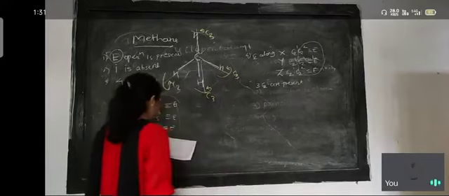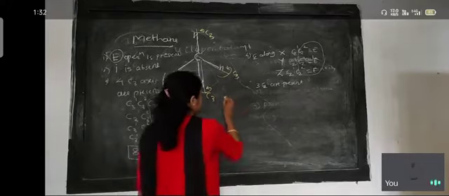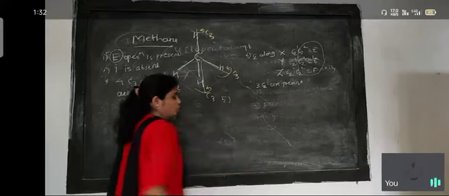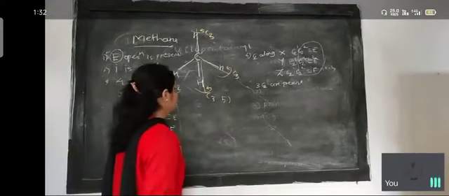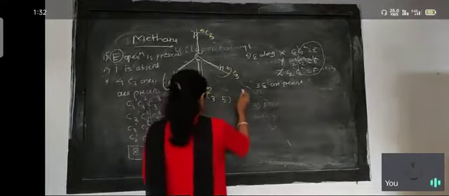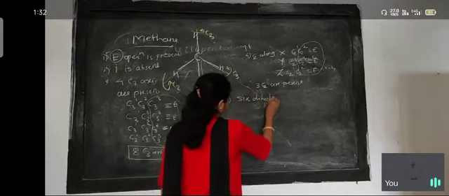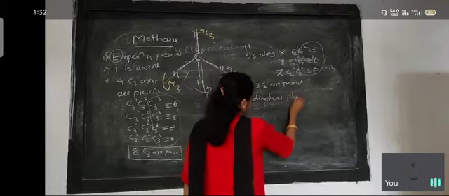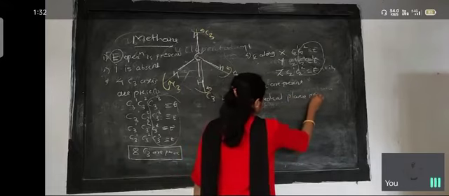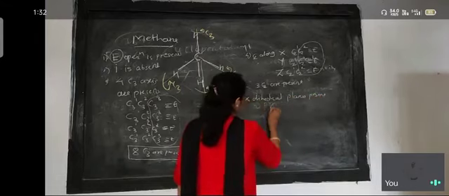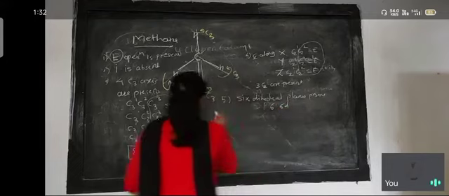The next is here 6 edges are present, so the dihedral plane is passing through each edge. So here 6 dihedral planes are present, therefore 6 sigma d.